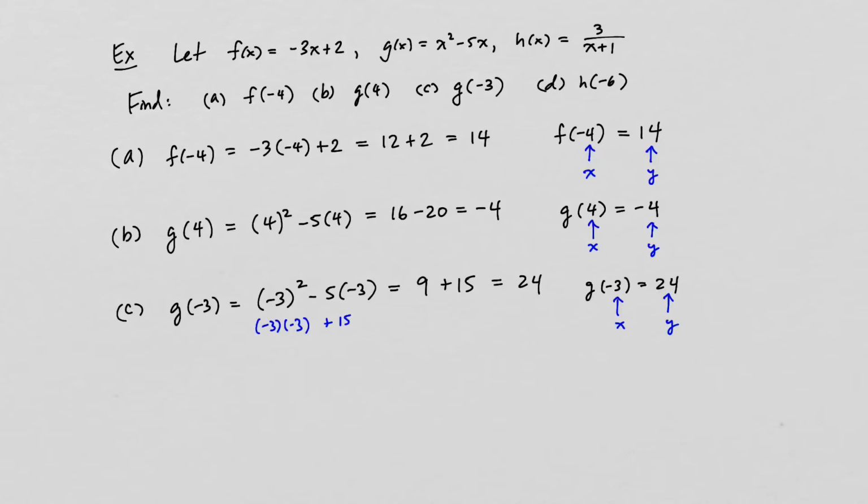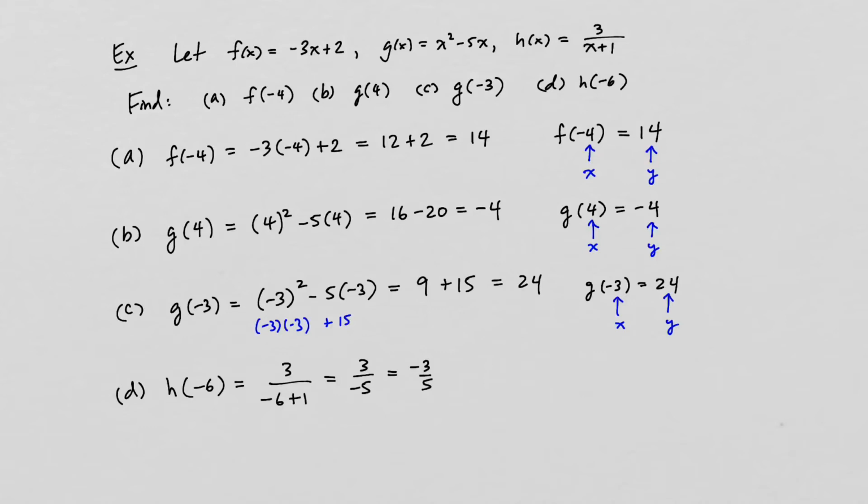And for our final example here, we are trying to find h of negative 6. Well, how do we do h of negative 6? We have to go to the h function, which is right here. And we are going to substitute x equals negative 6. And when we do that, we get 3 divided by negative 6 plus 1, which is 3 divided by negative 5, which we can rewrite as negative 3/5.